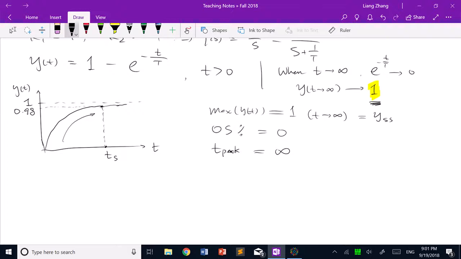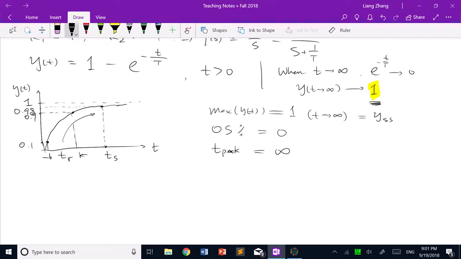That's my settling time. And if you want to find the rise time, you find 0.1, you find 0.9. Okay. And you calculate the difference from these two spots, and that will be your rise time.